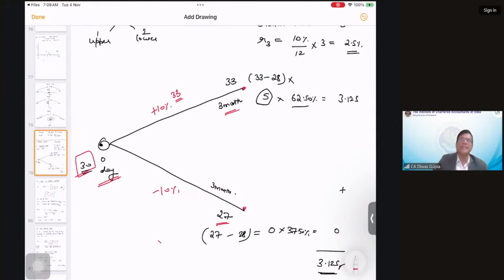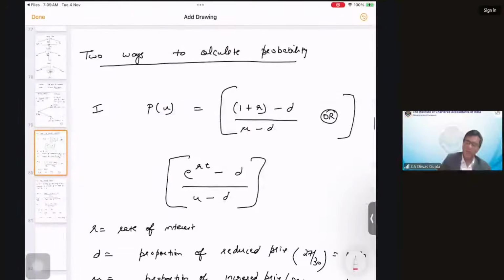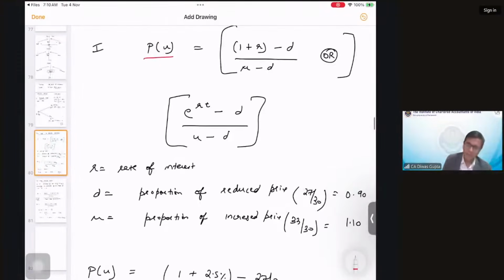The moment we assign these values, we also need to know the probabilities with which these outcomes are achieved. Now, there were two ways of calculating the probability that we have discussed. One was this, where the probability of the price going up was 1 plus R minus D divided by U minus D, where D and U are defined as the proportions of the reduced price and increased price, and R was the regular rate of interest.